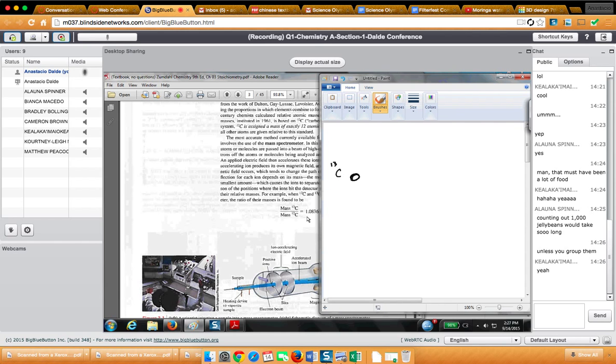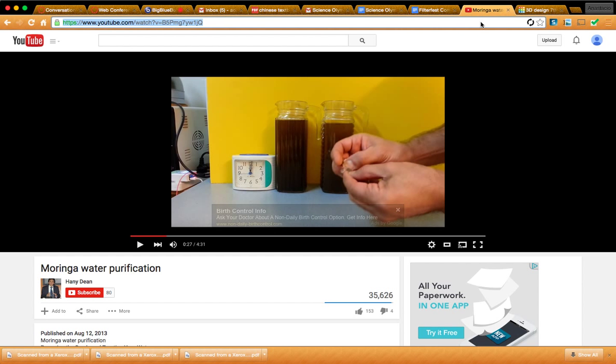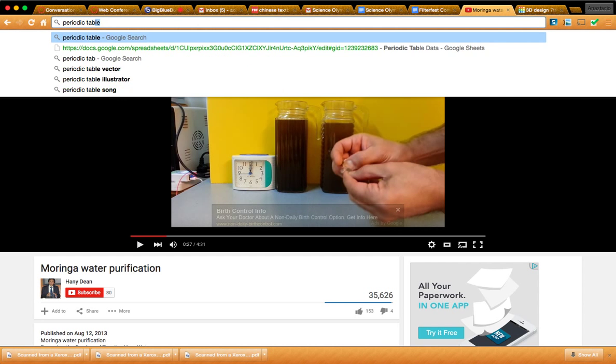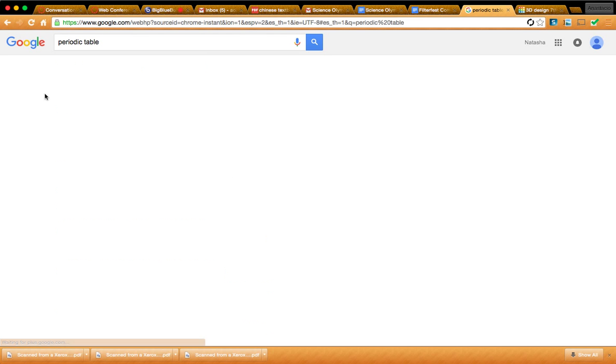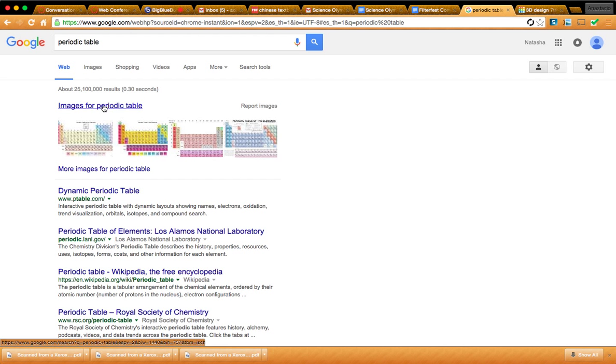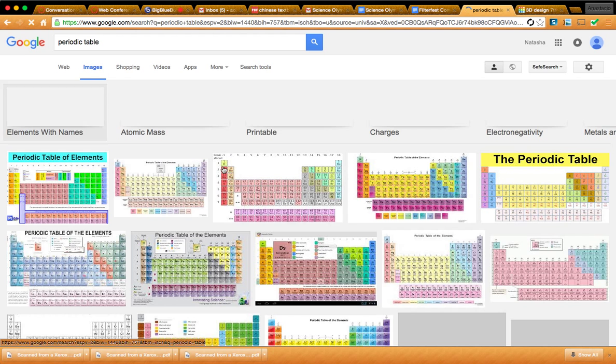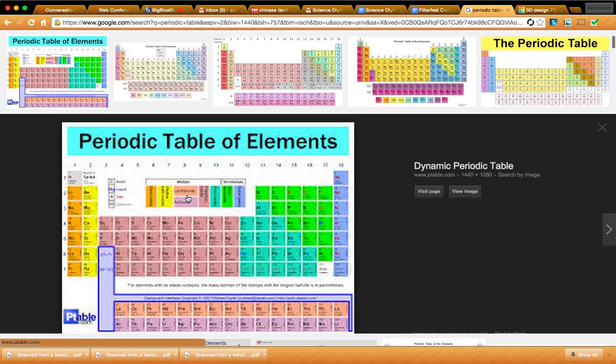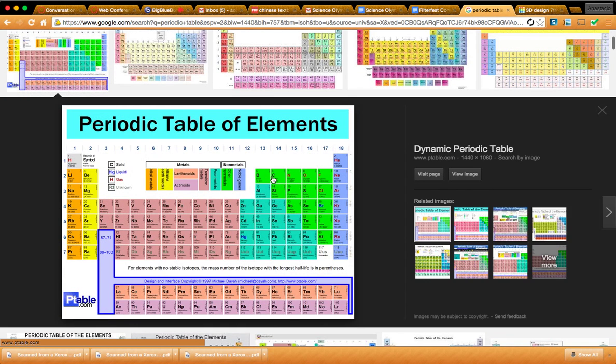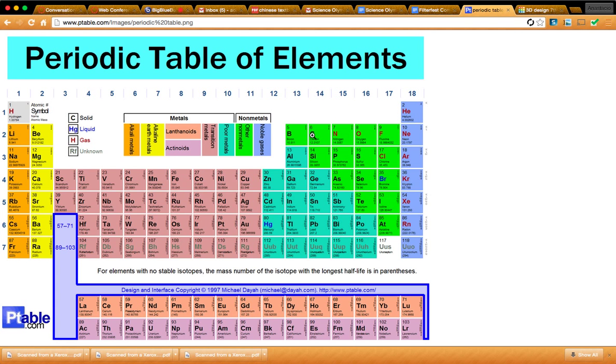And this would be carbon that has, well, let's look at the periodic table real quick. Carbon is 6 right here. Do you see it? Carbon 6.